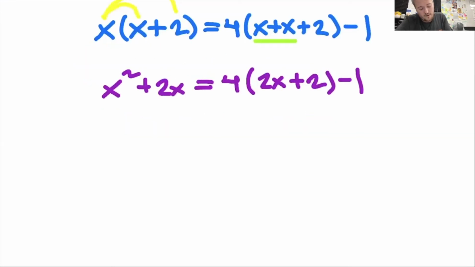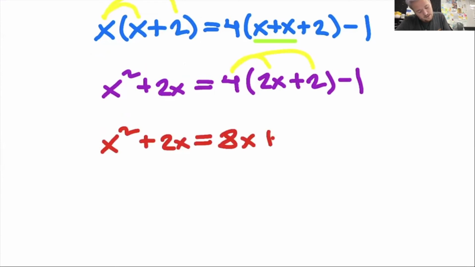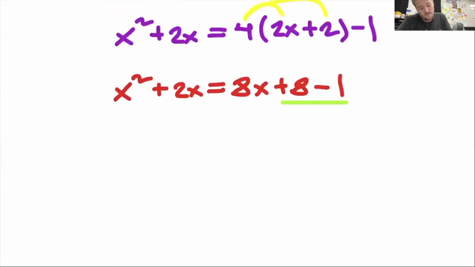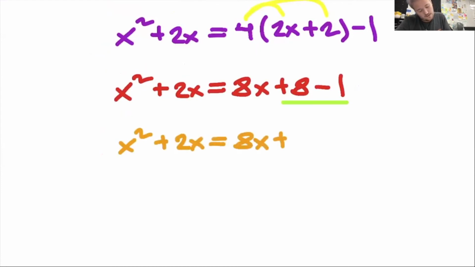So now over here on the right side, now I'm going to distribute. So I'm going to have x squared plus 2x equals 8x plus 8 minus 1. Now I want to combine like terms over here on the right side. So x squared plus 2x equals 8x plus 7.